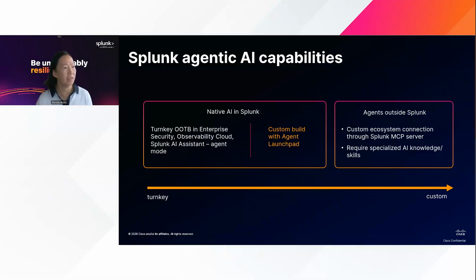If you look on the left-hand side, we already have agents out of the box in our applications today. So enterprise security, observability cloud, and our Splunk AI assistant also has an agentic mode. So these are all agent capabilities.